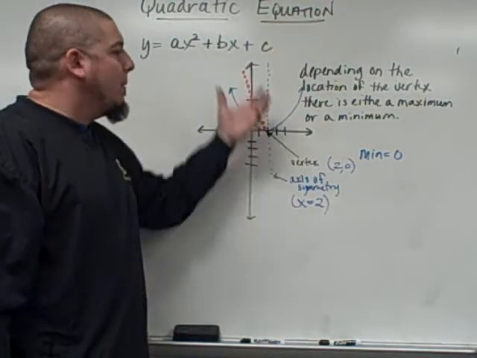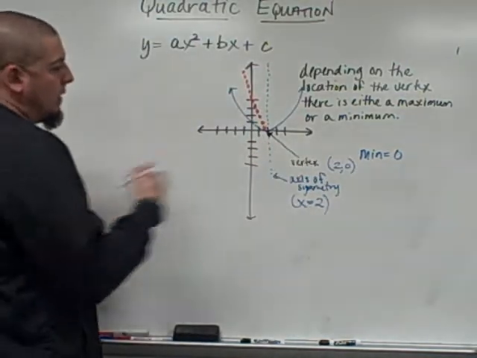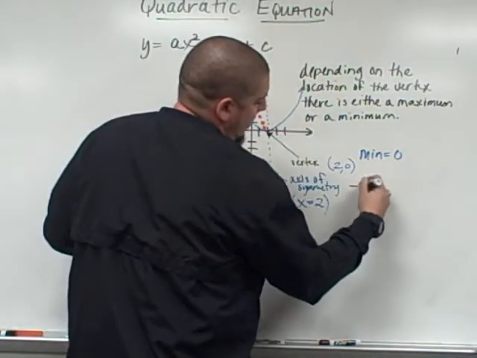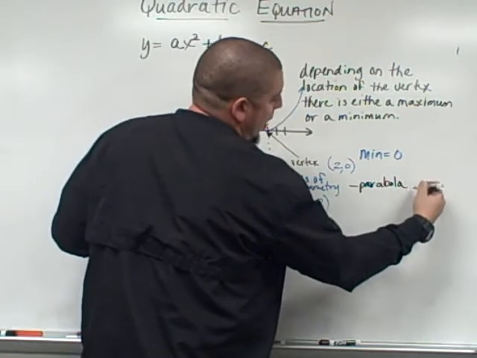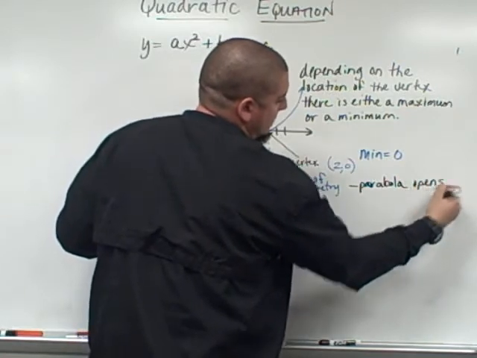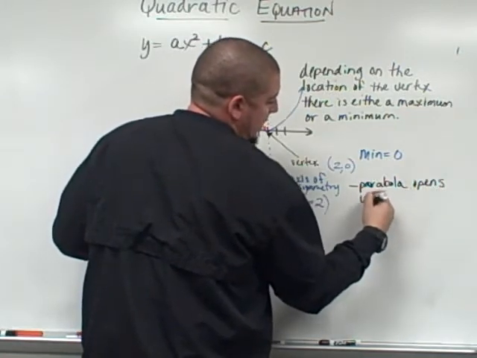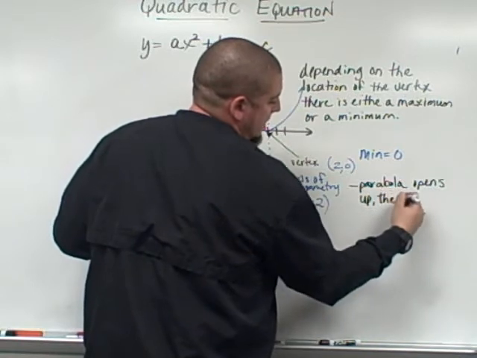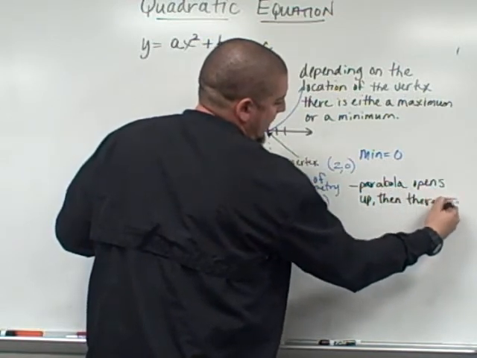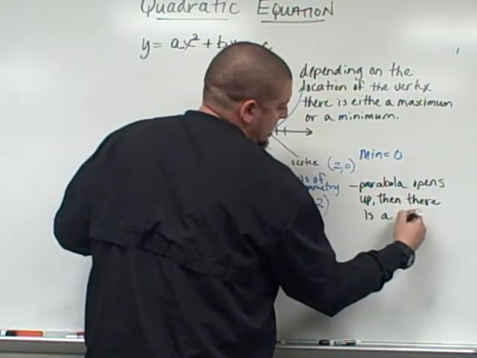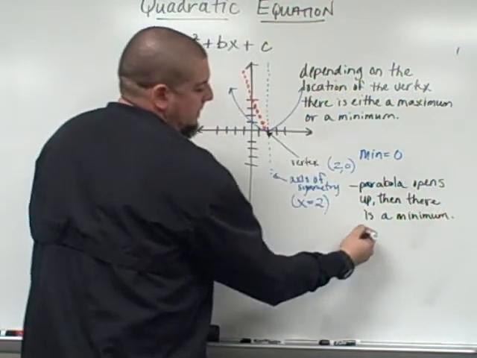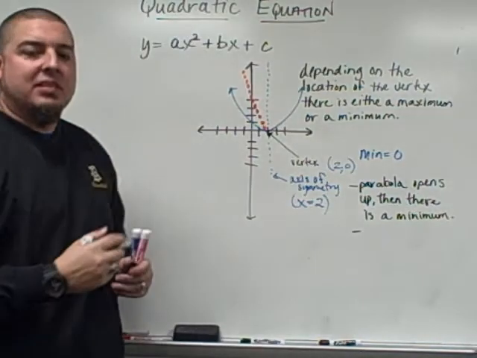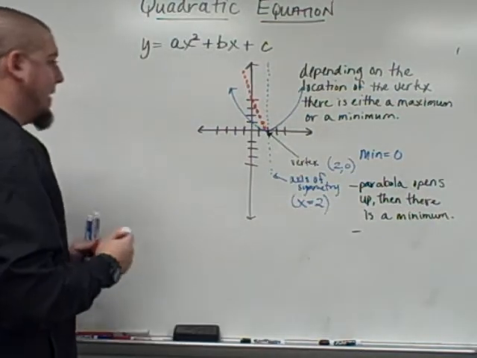So if the parabola opens up, then there is a minimum. Of course, the direct opposite of that would be a parabola opening down.